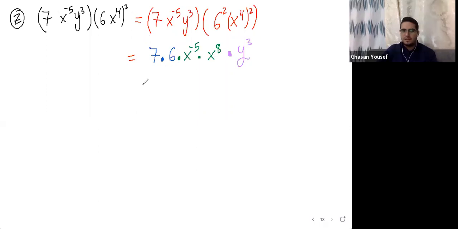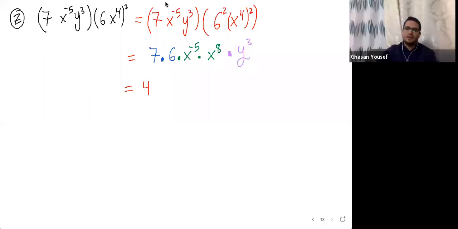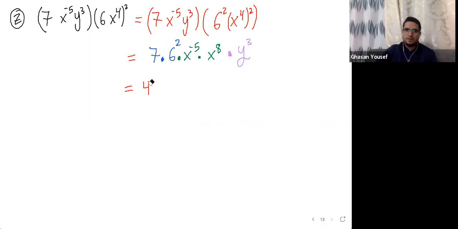So the answer now, 7 times 6 is 42? You forgot to do the square for the 6. Sorry for that, so here 6 squared. So 7 times 6 squared. 6 squared is 36.